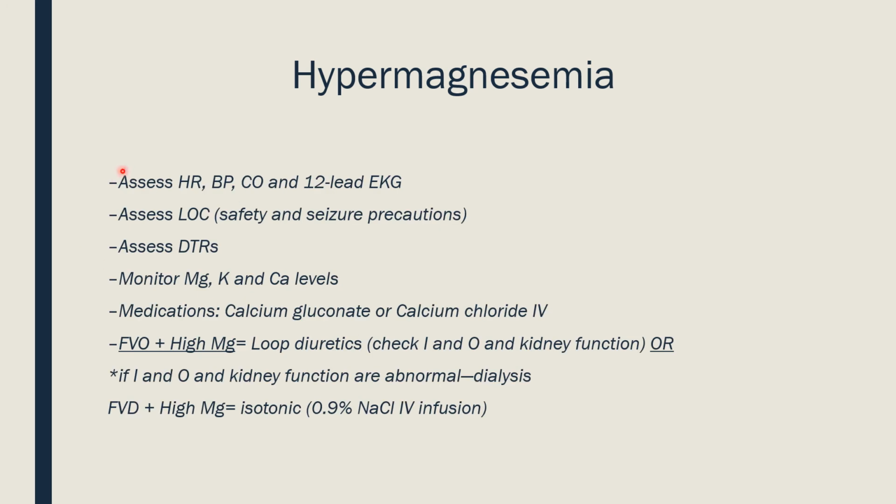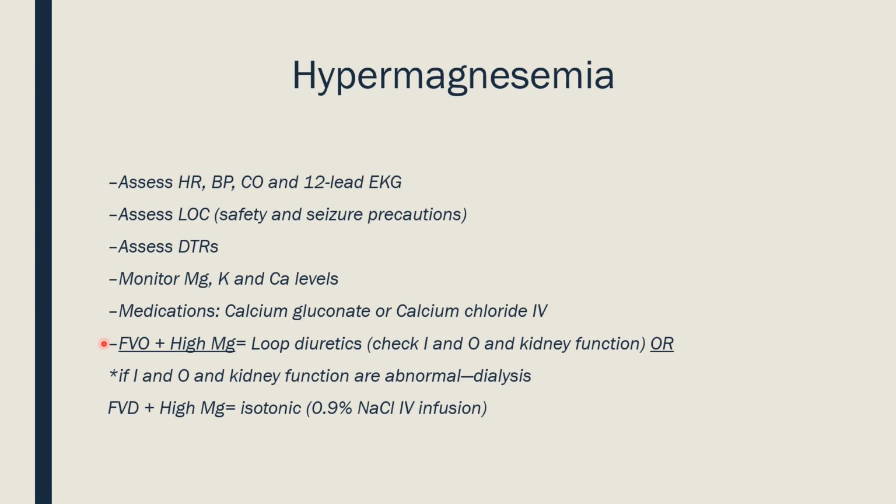So as you can see here, when it comes to nursing interventions, we're pretty much doing the same thing. The only difference is the medications. So when medications come in on this type of patient, this time you want to give them calcium. Okay, it's an antidote for high magnesium.